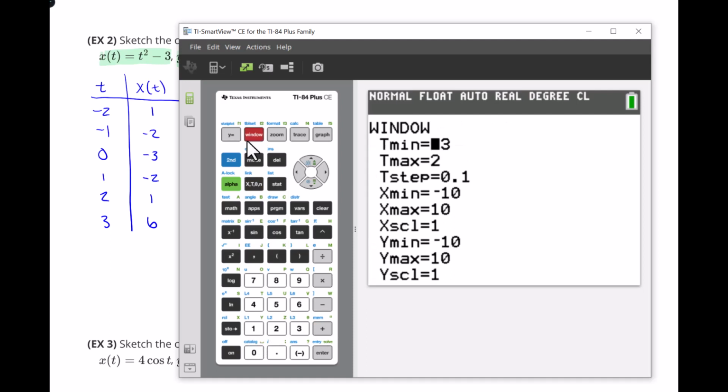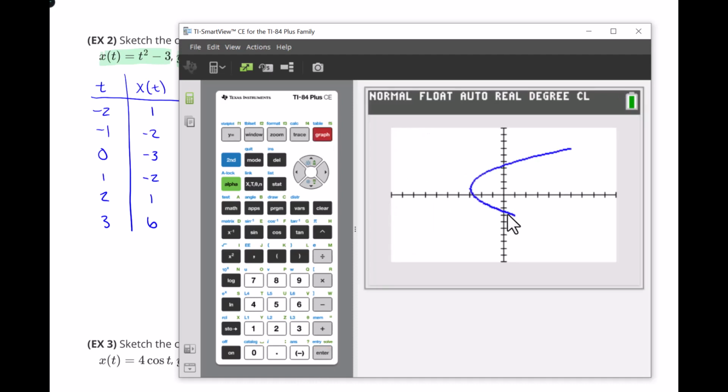Always want to check your window before you graph, because the value of t min and t max often changes from one problem to the next. All right, if we graph it, there's our curve, which you can definitely see as a shape of a parabola, but it's certainly got a stop and start point.